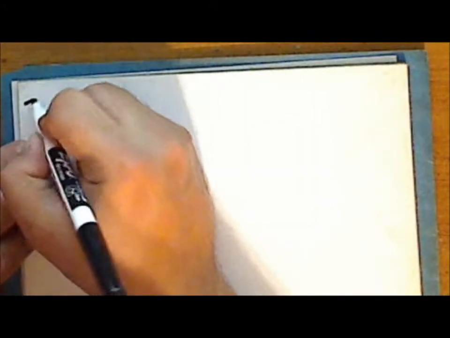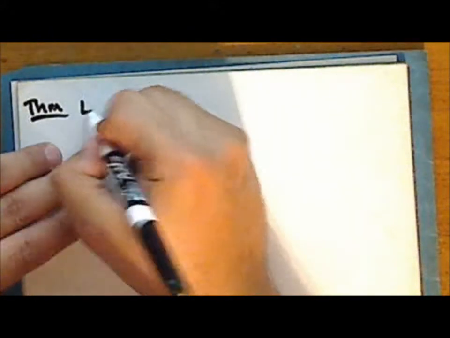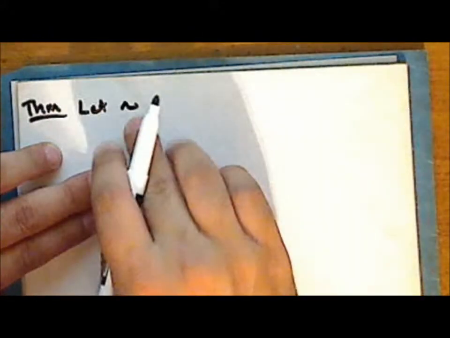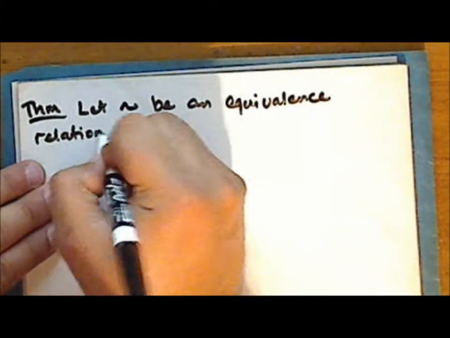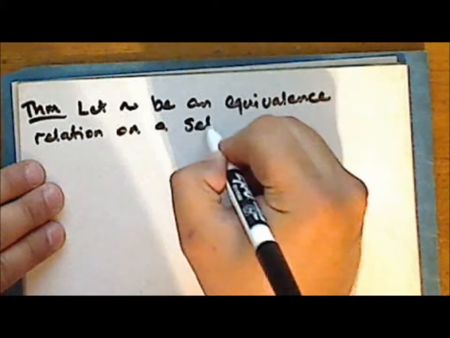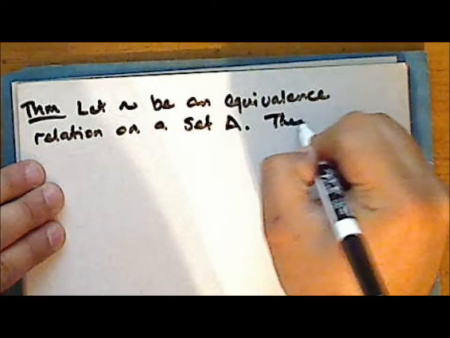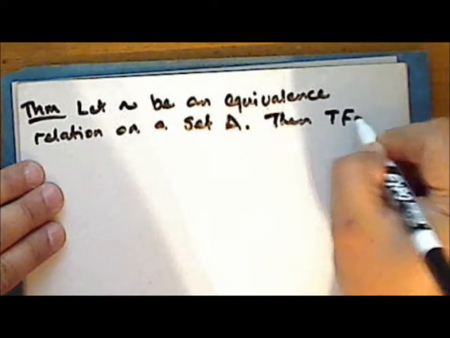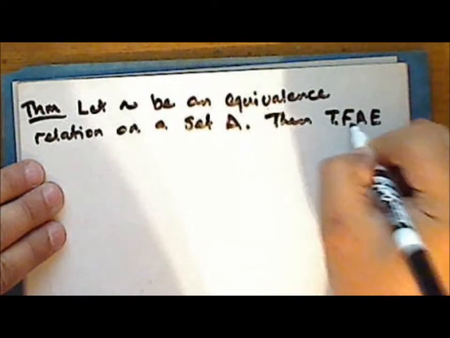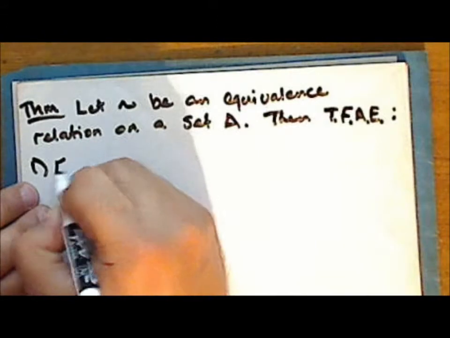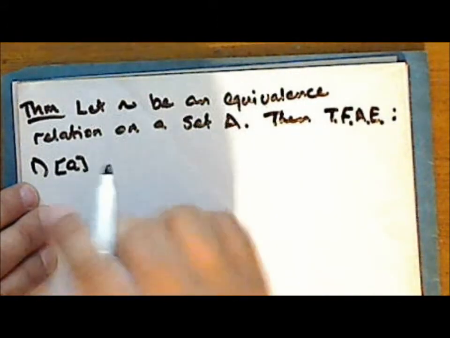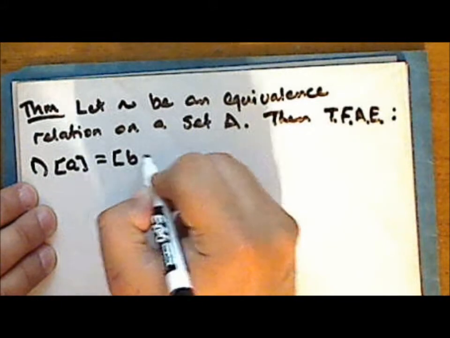So we're ready to prove a theorem. Let the relation be an equivalence relation on a set A. Then the following are equivalent. One, the equivalence class containing the element a is equal to the equivalence class containing the element b.